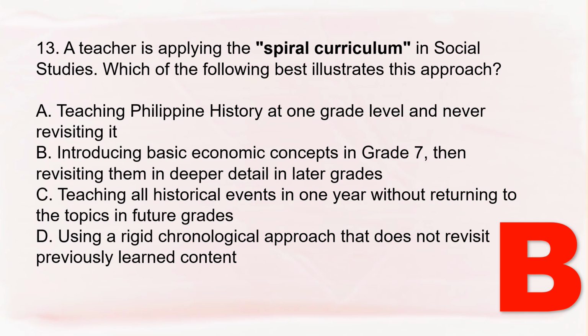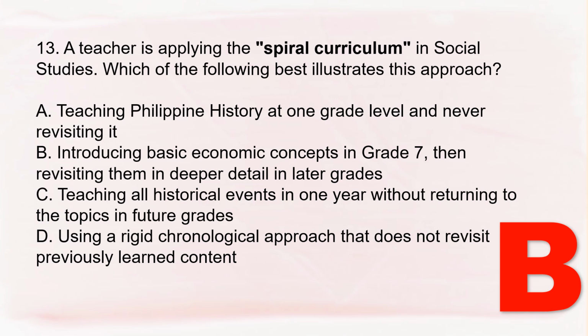Jerome Bruner's spiral curriculum states that topics should be introduced at a basic level and revisited in increasing complexity over time. So only letter B is the best answer. For letter A, this is incorrect because teaching history once is not applicable for spiral curriculum, because spiral curriculum requires revisiting concepts.